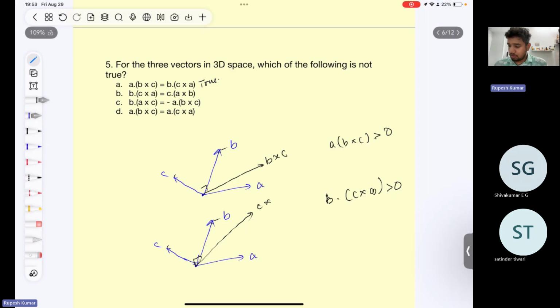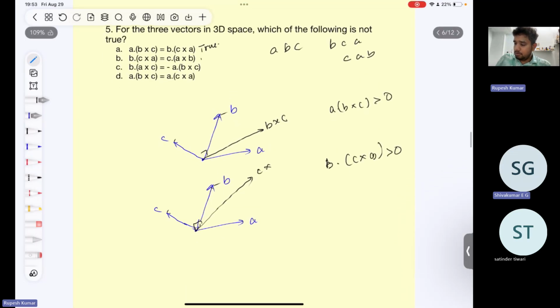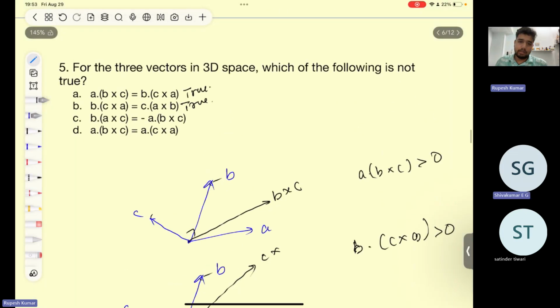Option B: B dot C cross A is equal to C dot A cross B. It says B, C, A, and then C, A, B. Again, option B will be true. You can think geometrically like this, or you can expand it and find out.